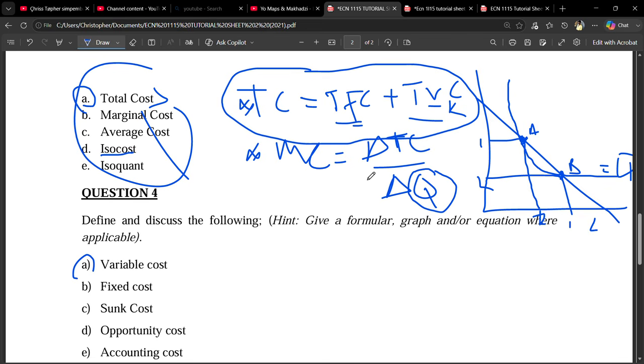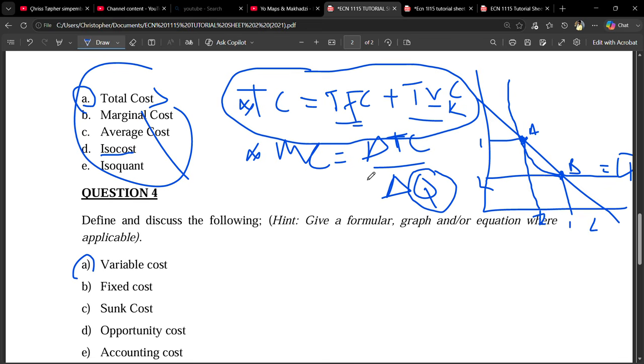Okay, then fixed costs is just the opposite of varying costs. Of course, varying costs are those that are going to be changing due to the number of output that are produced. This one does not change. Okay, it doesn't change even if total production increases or what. It's just the same. It doesn't matter how much output is produced, you still have to pay workers the same money that you pay them as their salary, right?